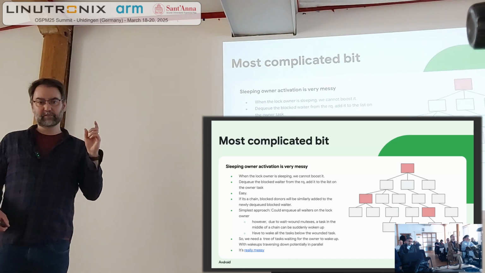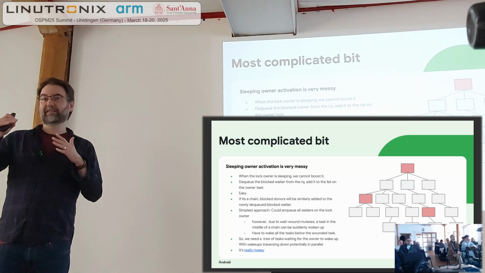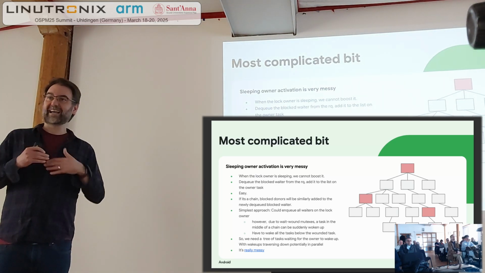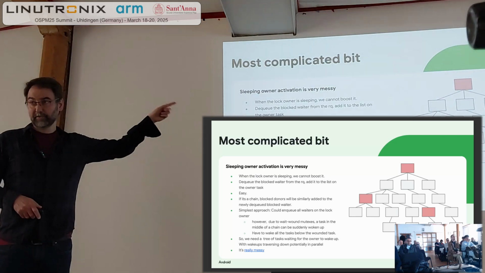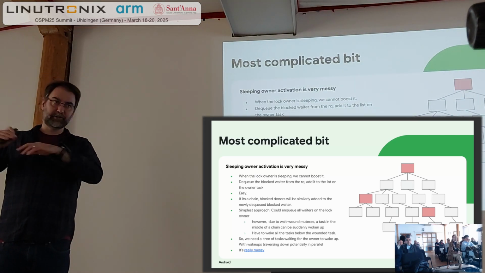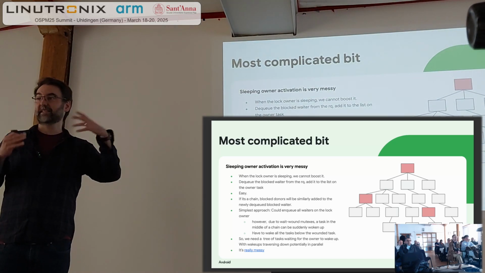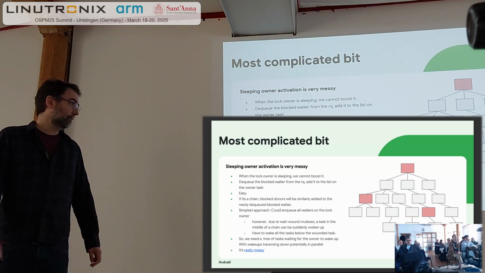One of the easiest solutions would be to say, anytime you hit that sleeping owner case, always add yourself to the root node of that chain, the topmost sleeper. Then you can just have one list, and anytime that one wakes up, the whole chain would move as well.